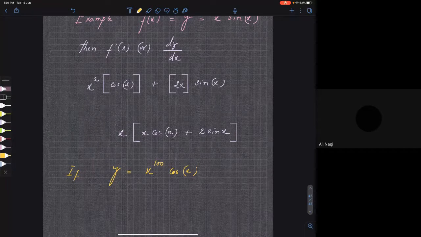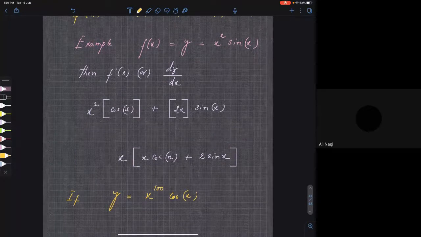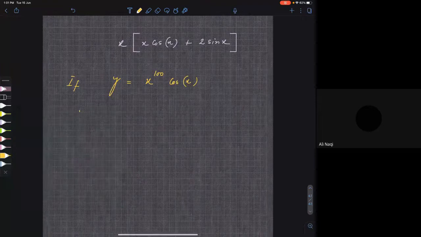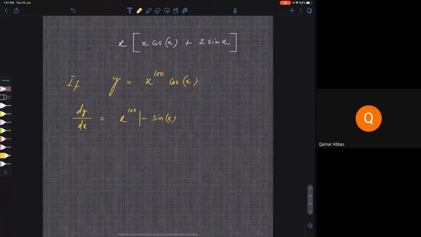So what is dy by dx? You keep the first function as it is. You multiply with the derivative of the second function, which is minus sin x.